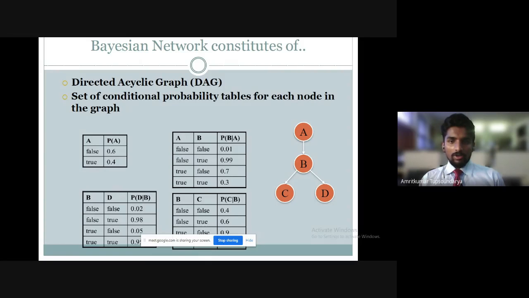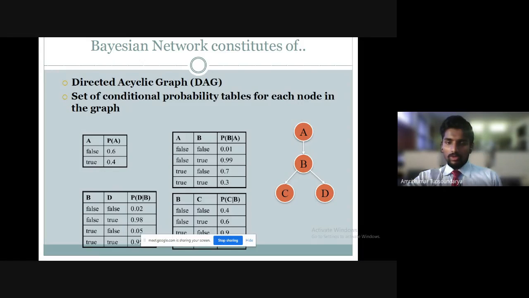So for example, let's say for A, the probability of A being false is 0.6 and the probability of A being true is 0.4.